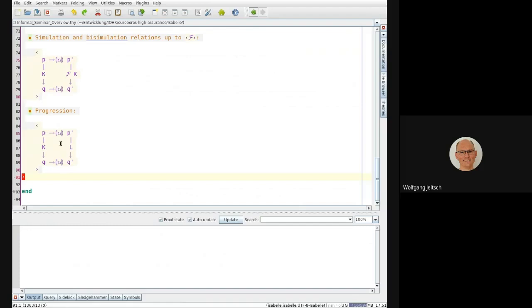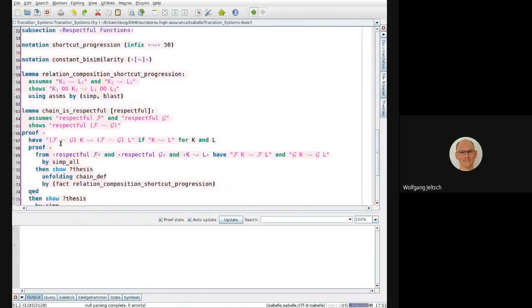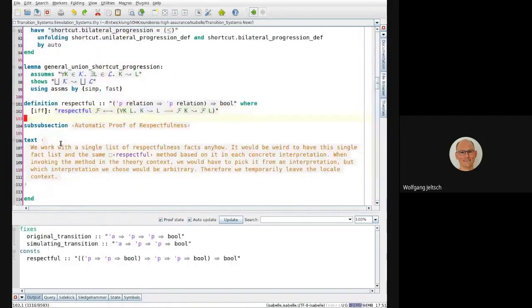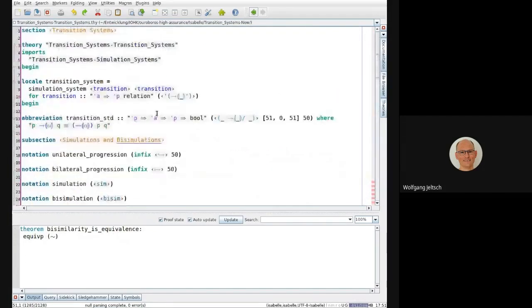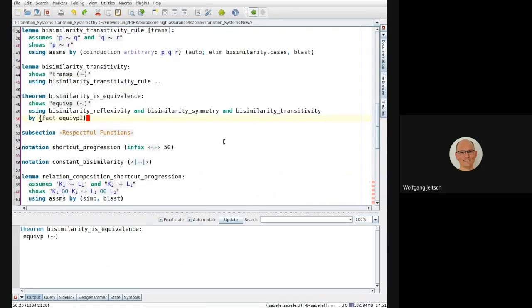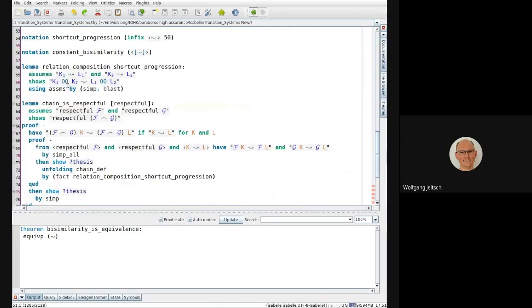So now that we are here in this situation where we have transition systems and both original and simulating transition relation are the same, we can finally show, for this concrete case at least, that chaining preserves respectfulness.